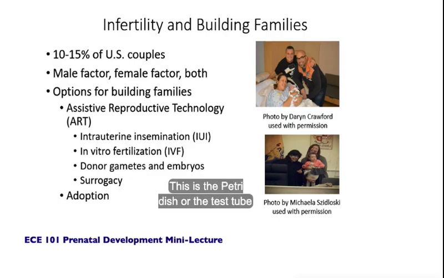This is the petri dish or the test tube common conception of that. So the mature eggs are taken from mom, sperm is taken from father or a donor, combined in a petri dish in the lab. Embryos are then created. They are grown for 3 to 5 days, and then they're transferred into the uterus to see if a pregnancy can develop.